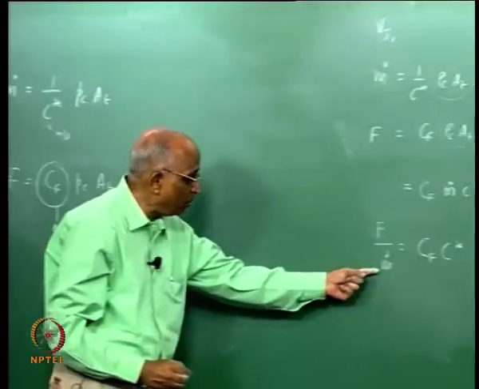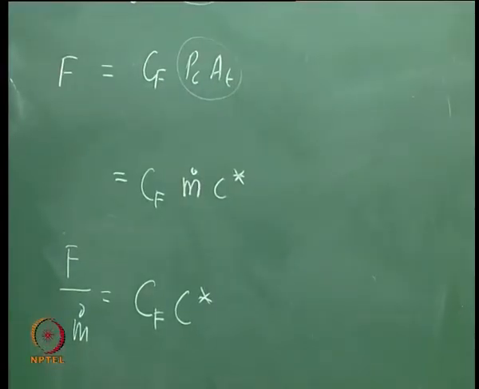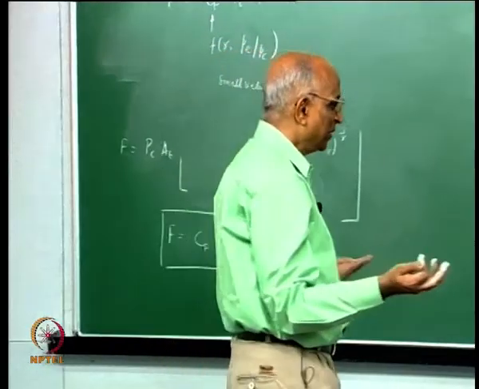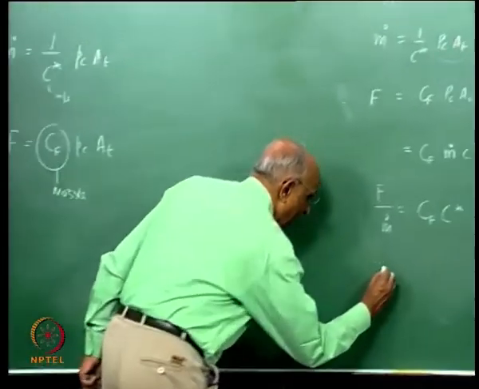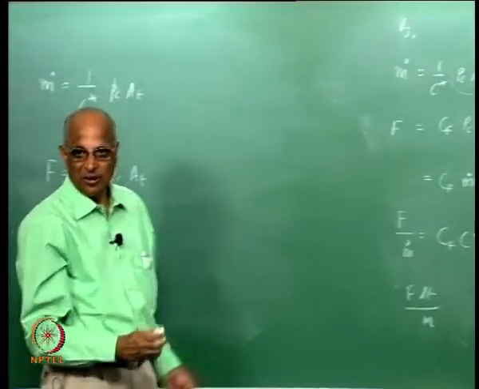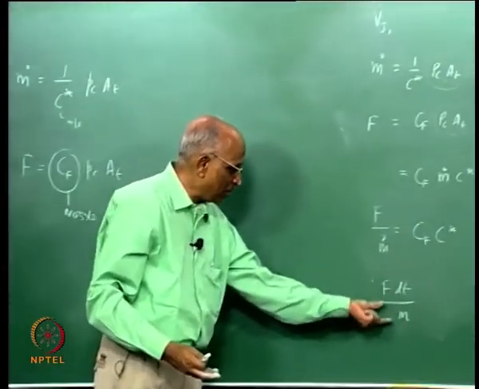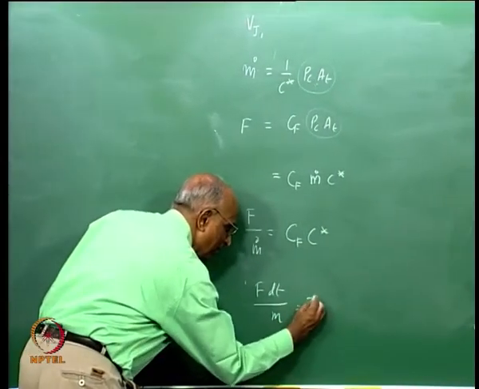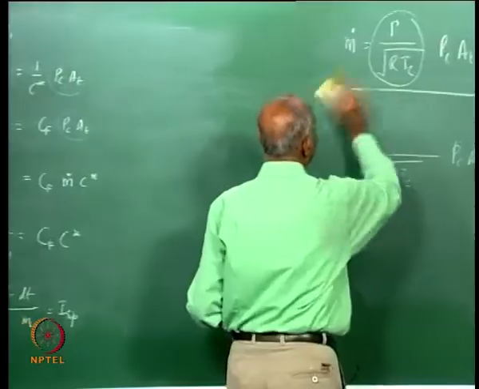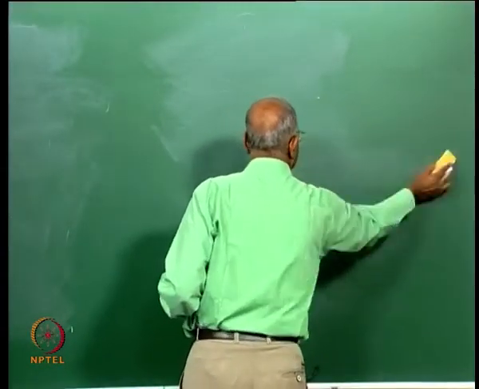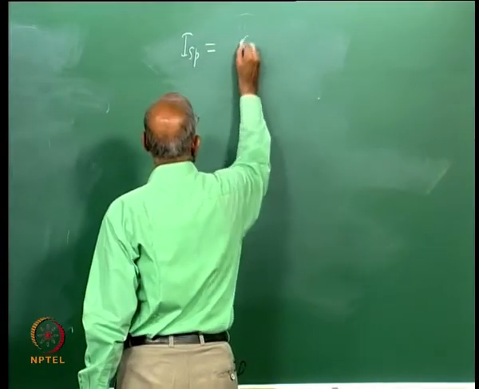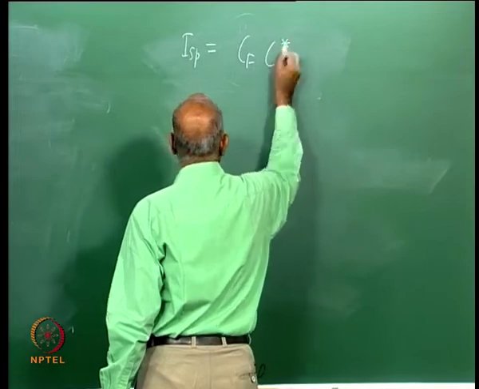And what is F divided by m dot? What is the thrust per unit mass flow rate? That is, we are talking of F dt impulse divided by mass of the propellant, impulse per unit mass is specific impulse Isp, or rather what we have got is Isp is equal to thrust coefficient into C star.